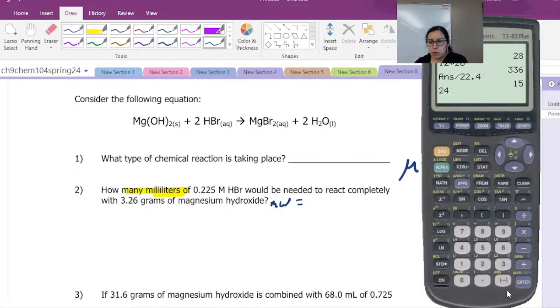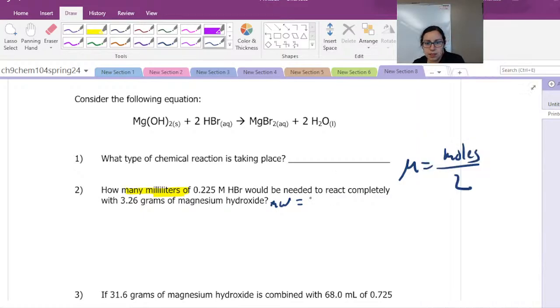What's magnesium? 24.35 plus 2 hydroxide, so 17 times 2 roughly. Yeah, so something like 58.3, or again, could be something else. So 58.3 grams roughly per mole. So then what do we do with this information?